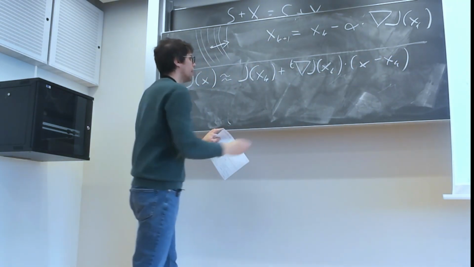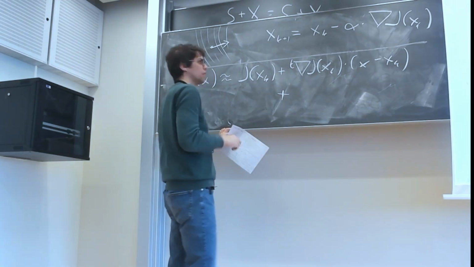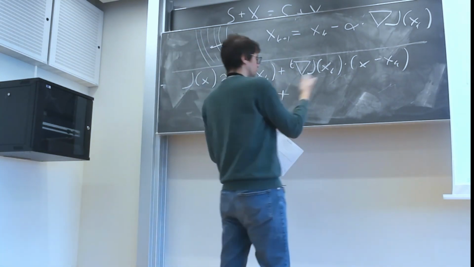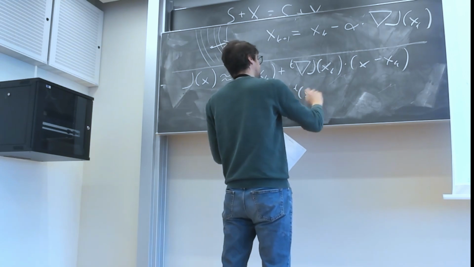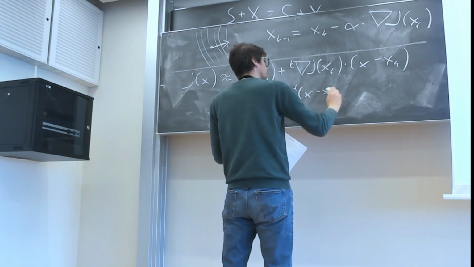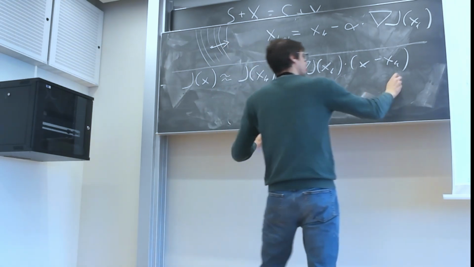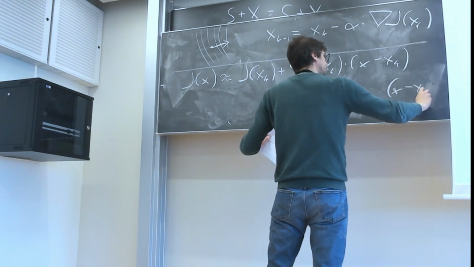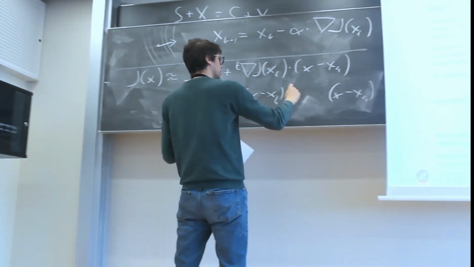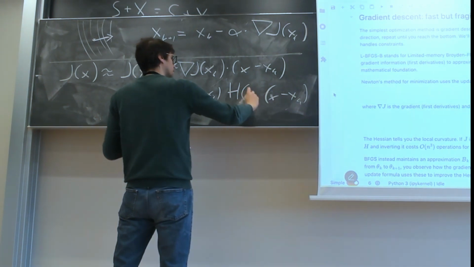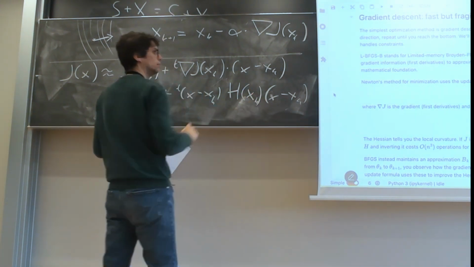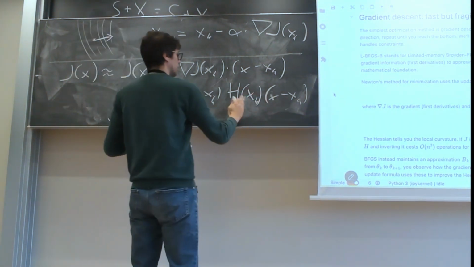That's the linear term. Then let's do the quadratic term as well, which is x minus xk, transposed here, not here, and in the middle we have the Hessian matrix of xk, which here is called Hk.